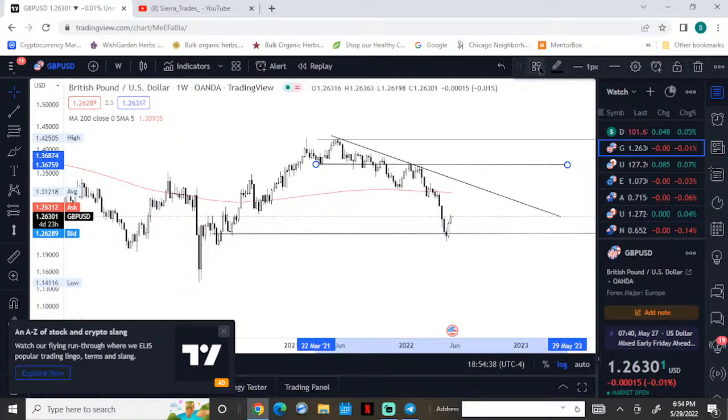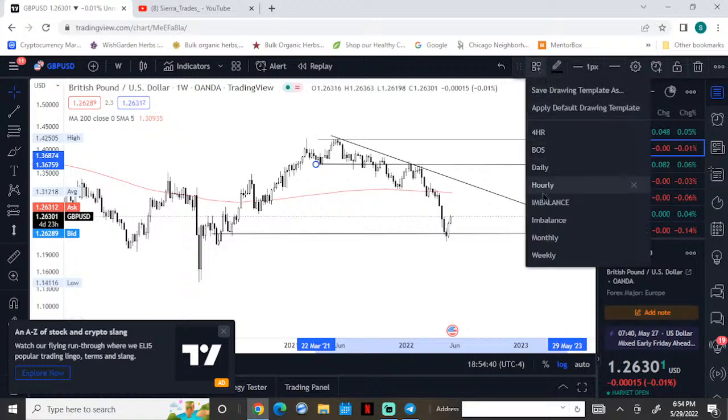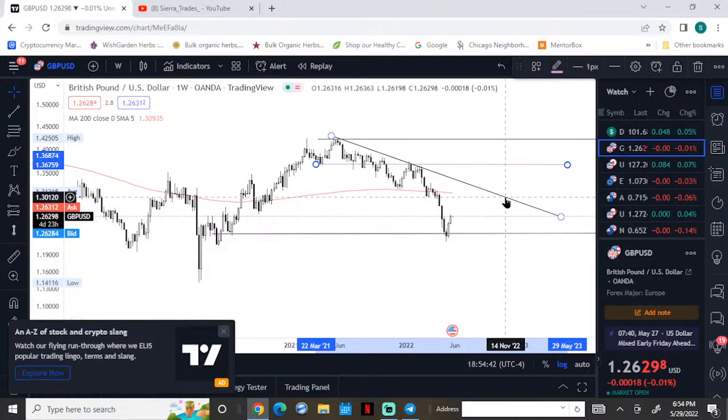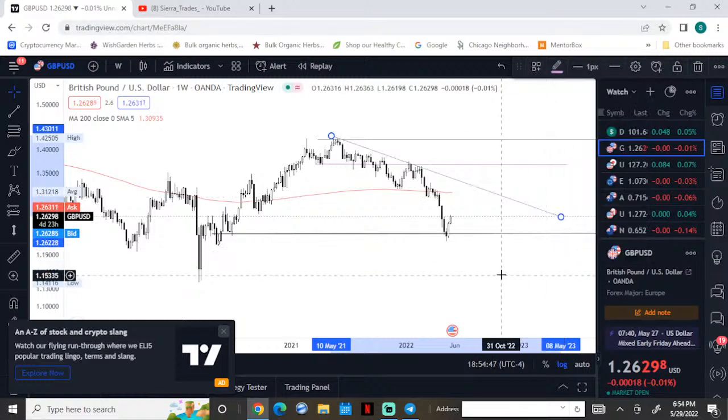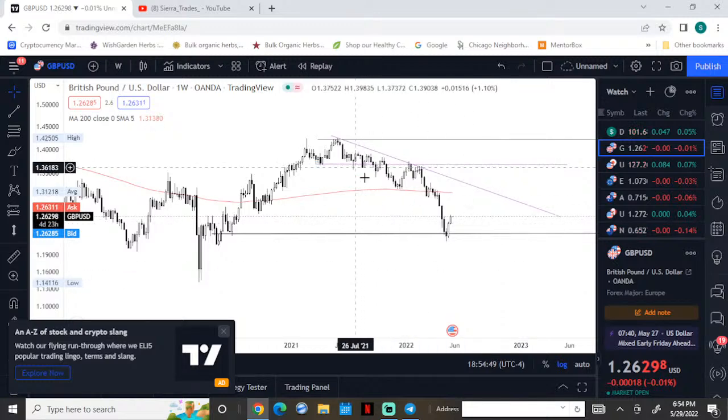And I definitely need to change these colors. My weekly is lavender. Alrighty. And I'm gonna mark this area right here at the 200.